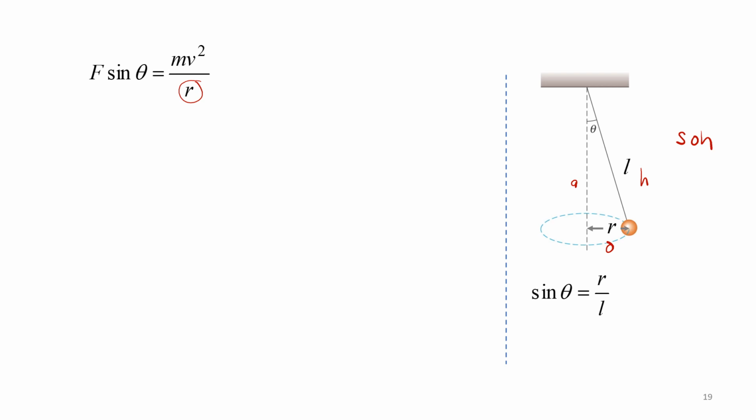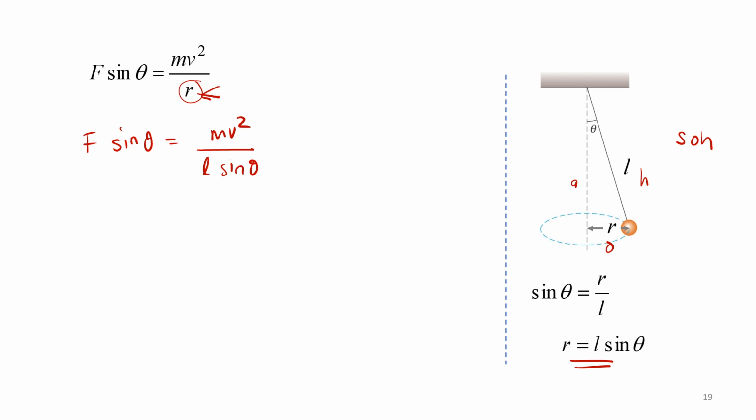So we will get sine theta is equal to R over L. So we will rearrange the equation, making R the subject of the equation. So we will have R is equal to L sine theta. So we will substitute this expression into this equation. So we will have F sine theta is equal to mv squared over L sine theta.